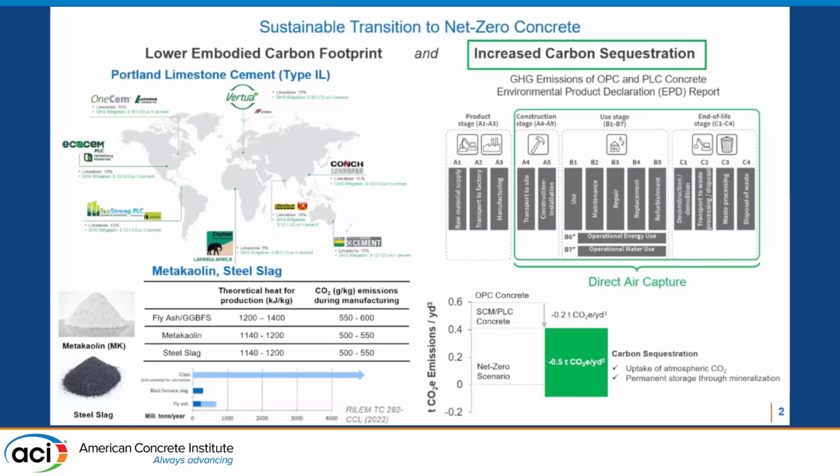We can lower the emissions by 0.2 equivalent carbon dioxide per cubic yard of concrete. However, to reach the net zero scenario, which would be that zero over here, we need to find somehow this additional 0.5. And how can we do this?